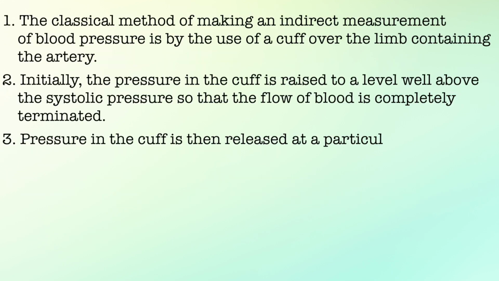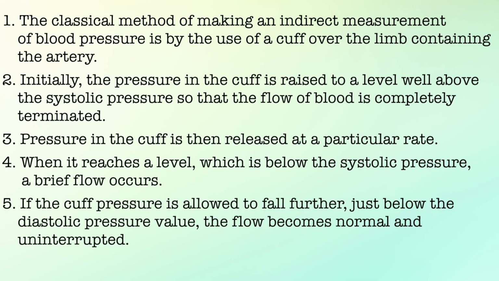The classical method of making an indirect measurement of blood pressure is by the use of a cuff over the limb containing the artery. Initially, the pressure in the cuff is raised to a level well above the systolic pressure so that the flow of blood is completely terminated. Pressure in the cuff is then released at a particular rate. When it reaches a level below the systolic pressure, a brief flow occurs.